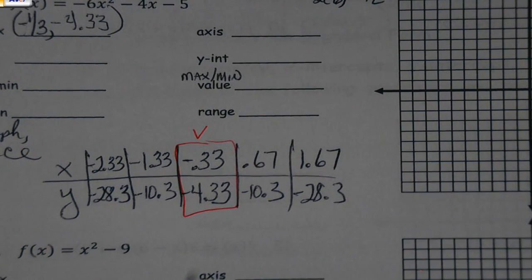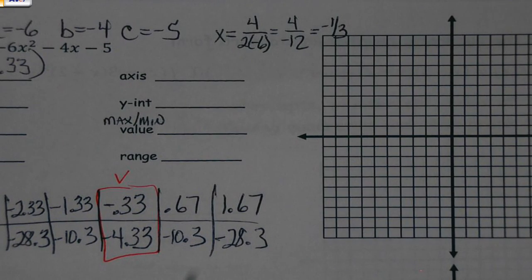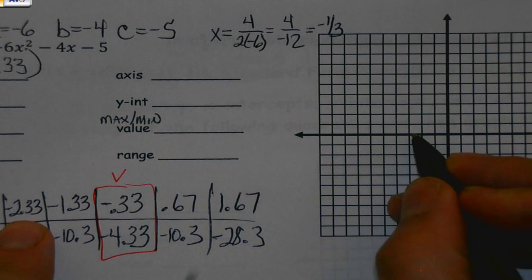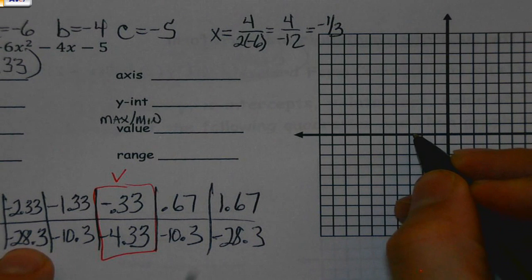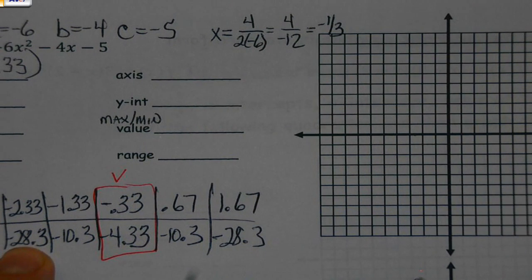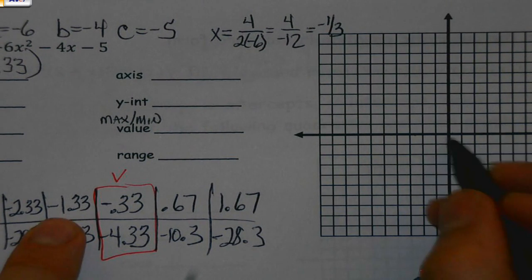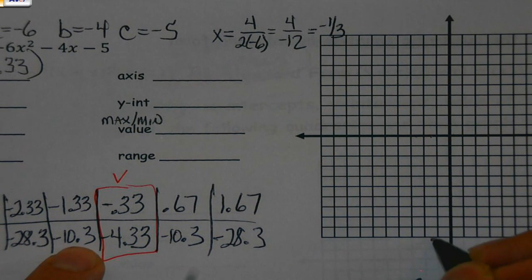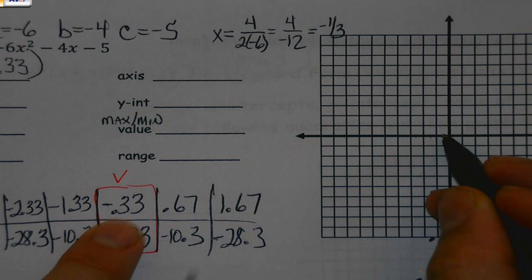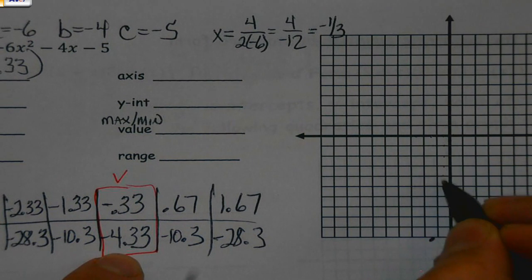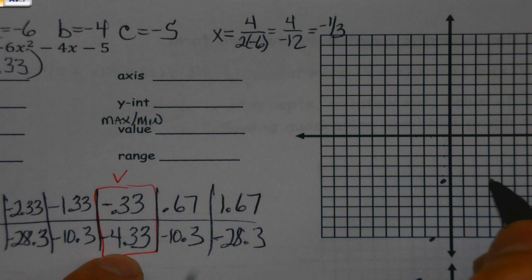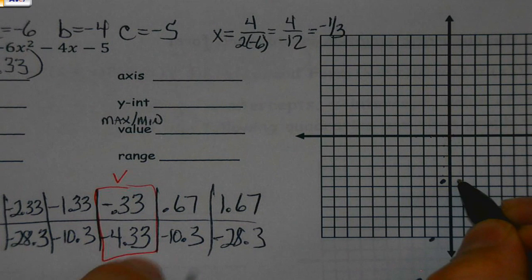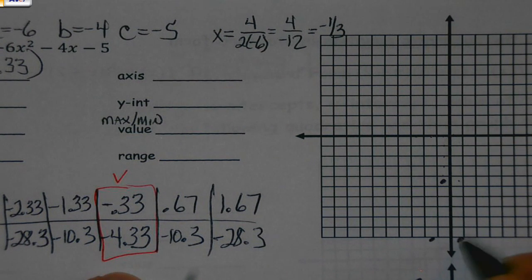This has been quite the adventure. So when I go to graph these, I'm going to go a little past 2, and then, well, yeah, down here some random place. Past 1. 1, 2, 3, 4.